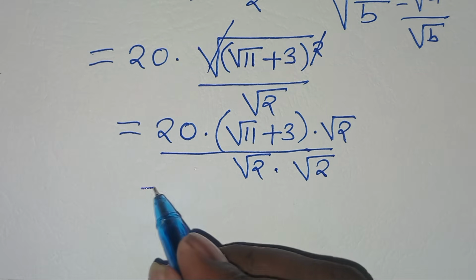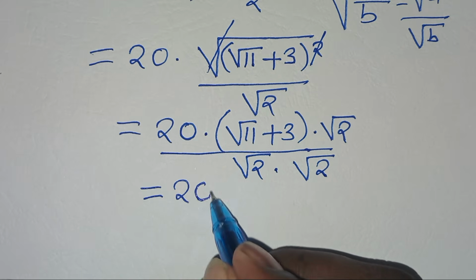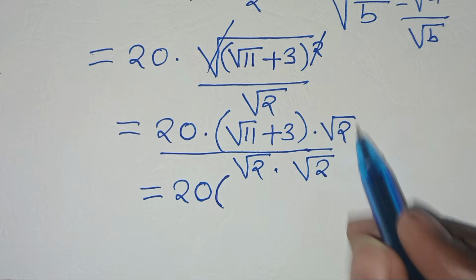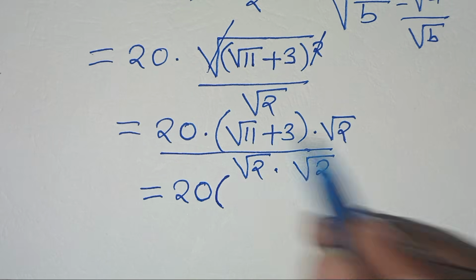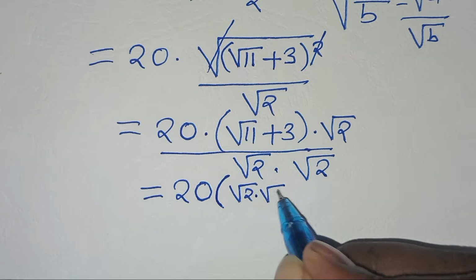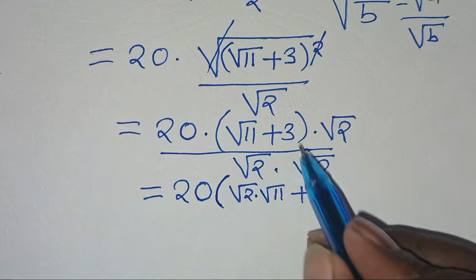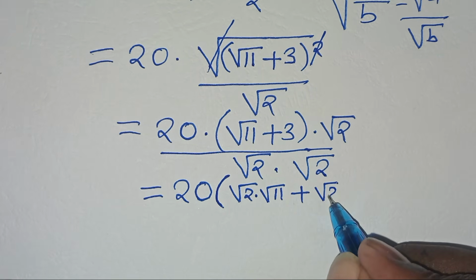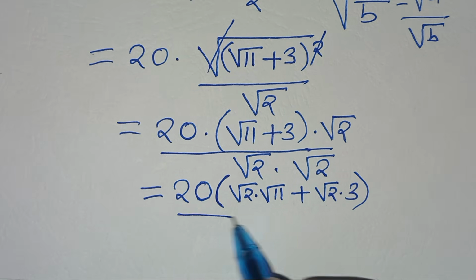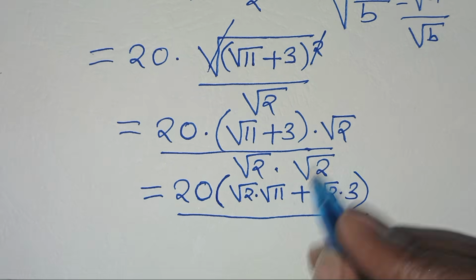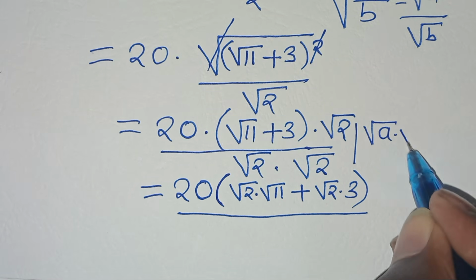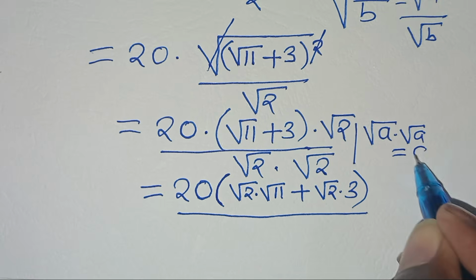So this means that here we have 20 in the parentheses: root 2 times root 11 plus root 2 multiplying by 3, divided by root 2 times root 2. We have that root a times root a is the same thing as a.